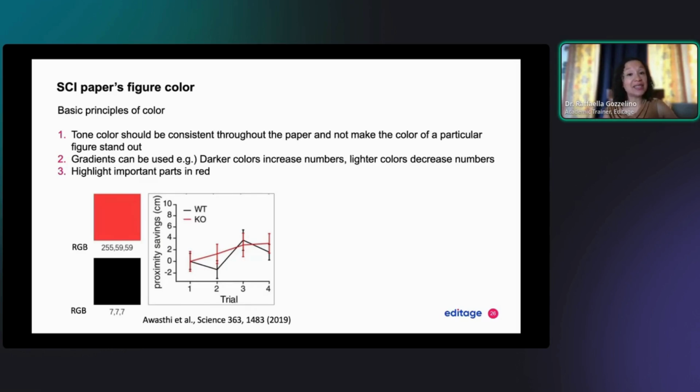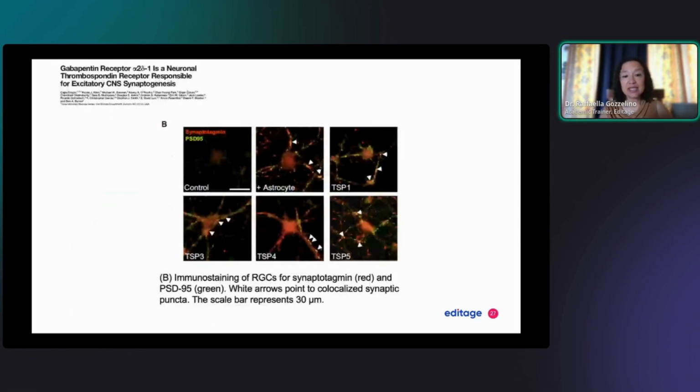And highlight important parts. For instance, if you want to use the red, you can do it, like in this example. The knockout data of this trial is in red because it is more visible and it is easier to see the difference when compared to wild type animals. This is also another example of an immunostaining of RGC neurons.